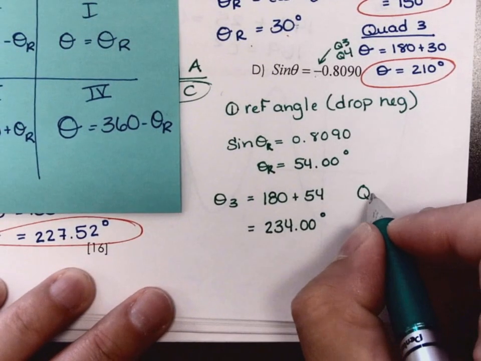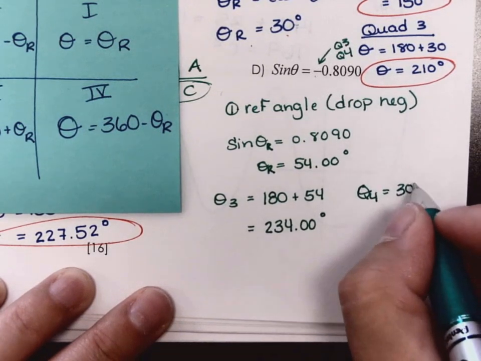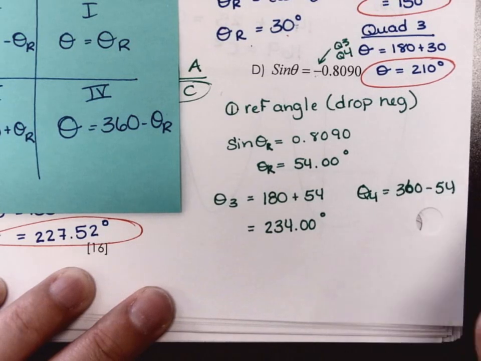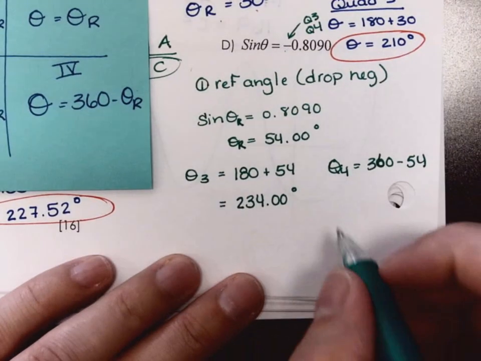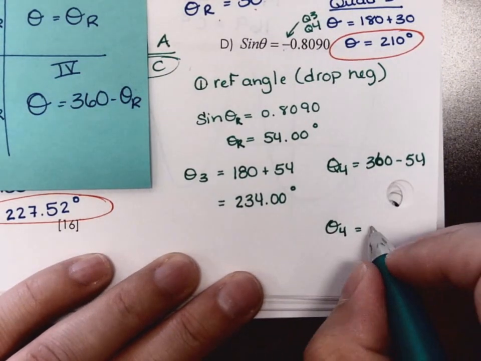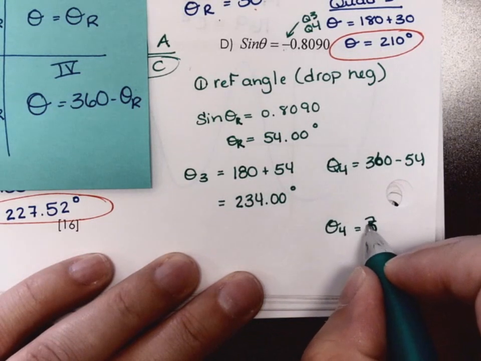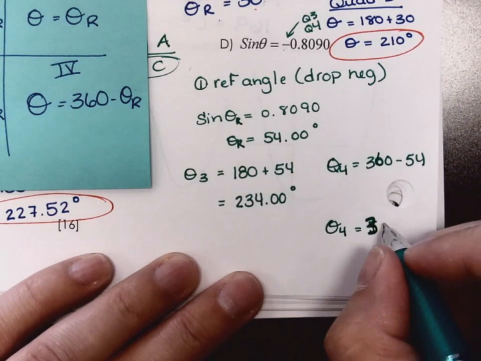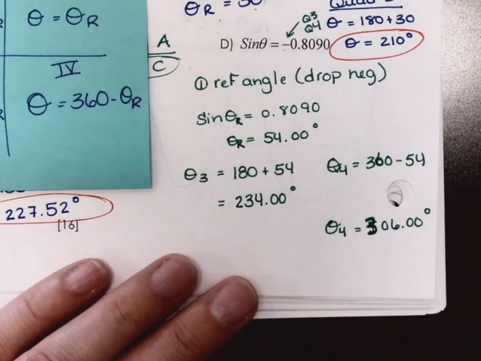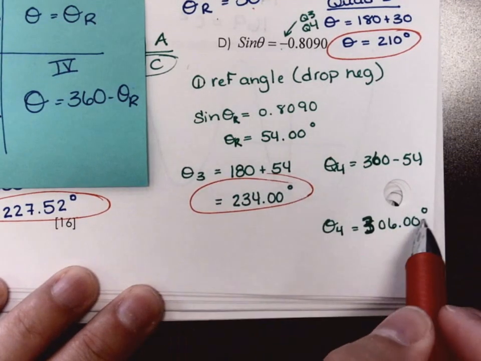And the answer for quadrant 4 is 360, that's supposed to be a 6, minus theta reference. And of course, there's a hole right in the page where I want to write my answer, so I'll go down a little further. And so we're going to be at 3, that's not a 3, that's a 5. 306.00 degrees.